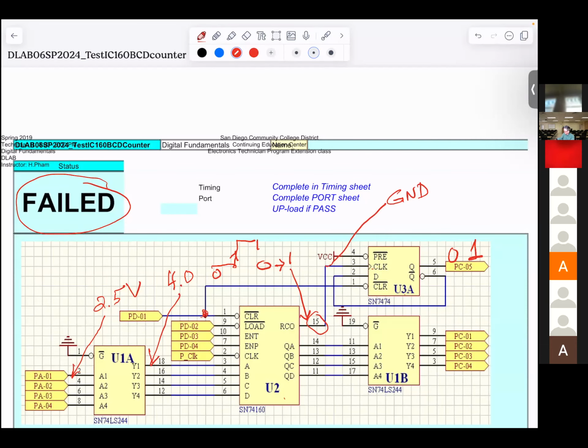When you run the test, I guarantee it fails. The thing is, you want the RCO supposed to be 0, then it must go to 1. However, we shorted the wire to the route, so it cannot go to 1. What test will fail?